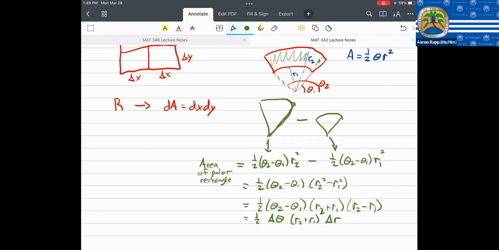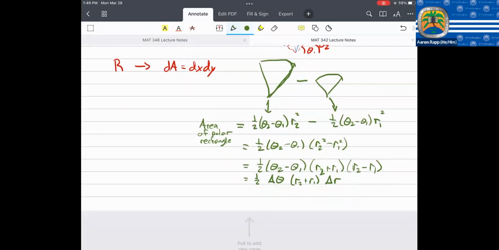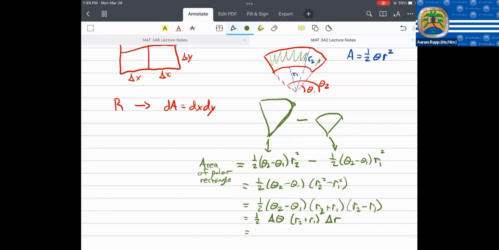Radii, I think, is technically the grammatically correct term. So that means I sum this all up into R2 plus R1 all over 2. That's my change in theta. That's my change in R. That's giving me the change in area for that polar region.